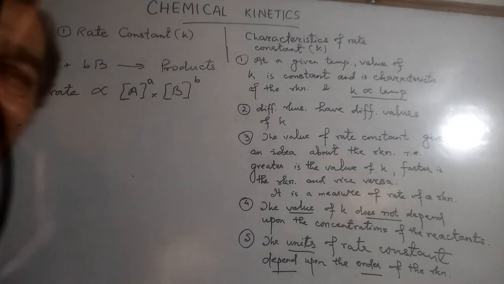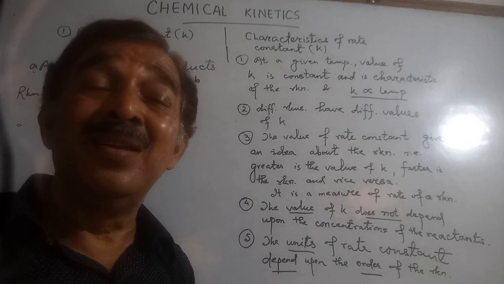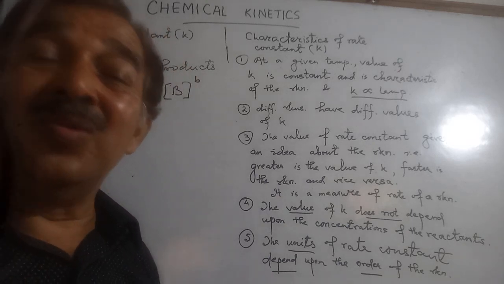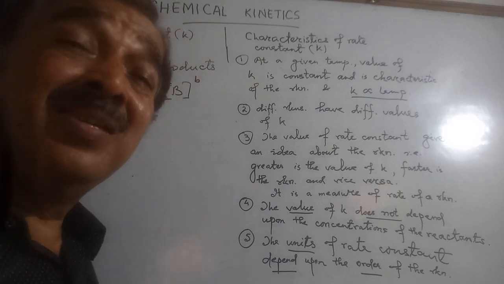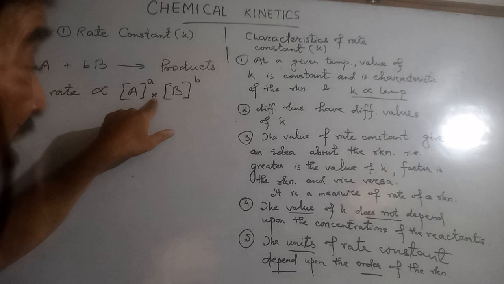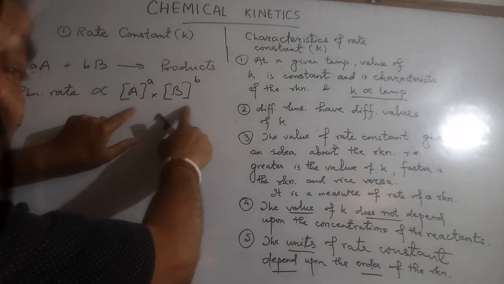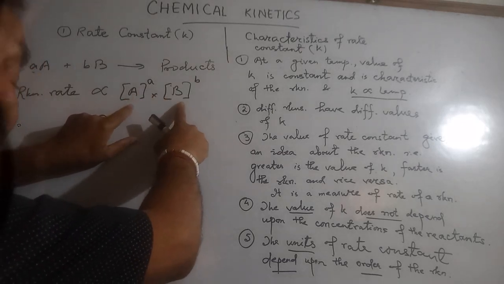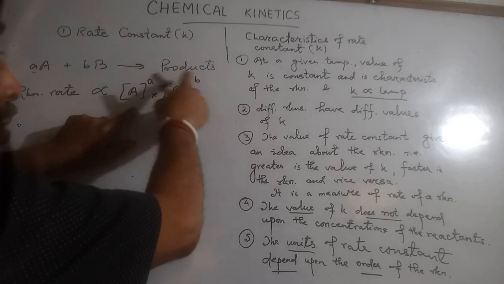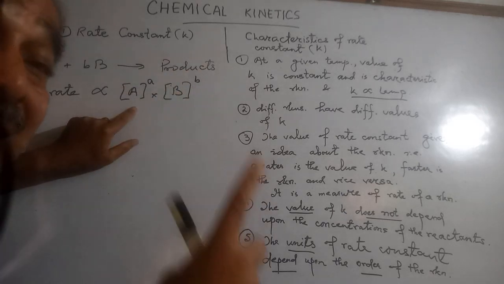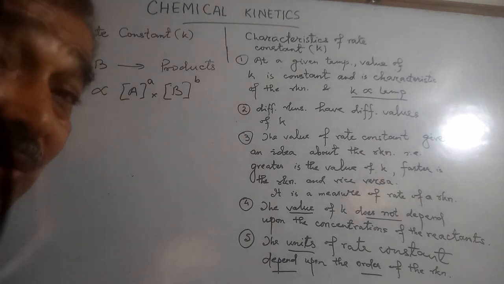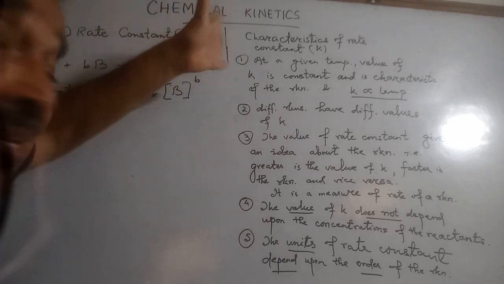I hope it is clear. At a given temperature, the rate of a reaction is directly proportional to the product of molar concentrations of the reactants, with each concentration term raised to a power equal to its stoichiometric coefficient as appeared in the balanced chemical equation.